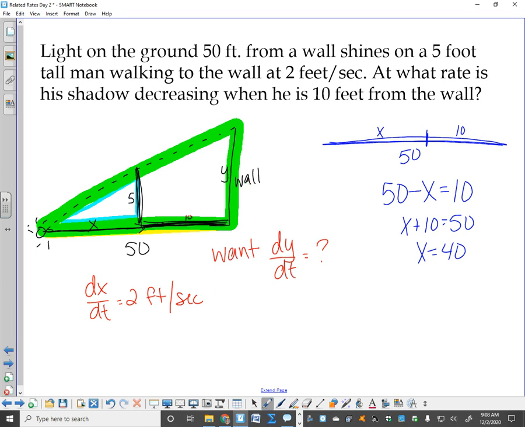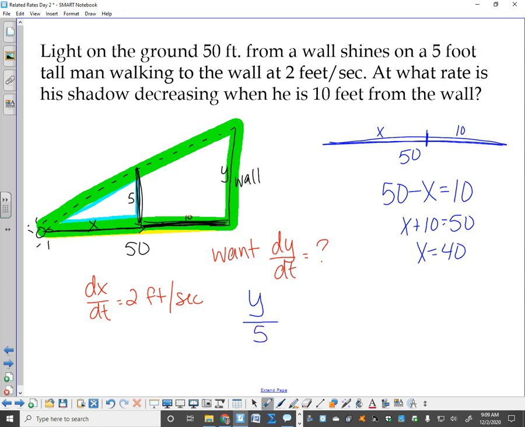They're both right triangles, and one is inside the other. So that means their corresponding parts are in proportion to each other. So like the backbone of the big triangle, which is y, is to the backbone of the little triangle, which is 5. So here's what I'm saying. Y is to 5.